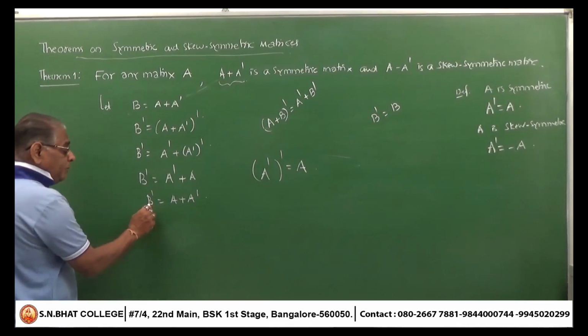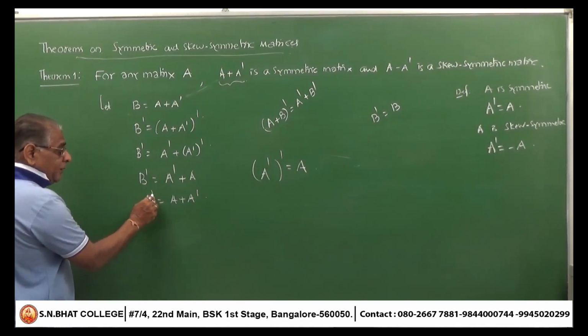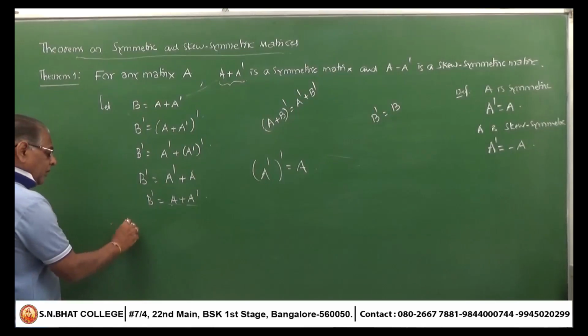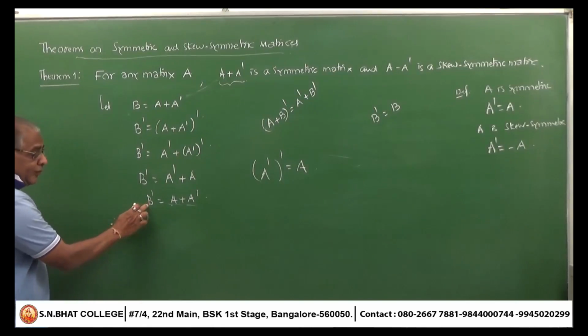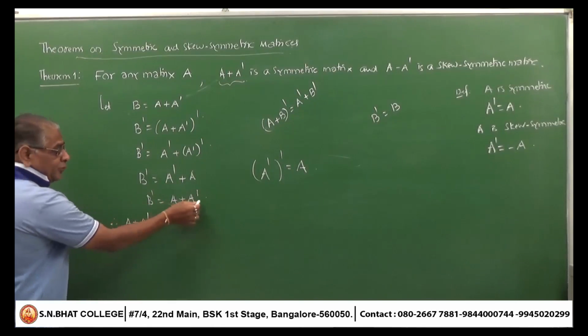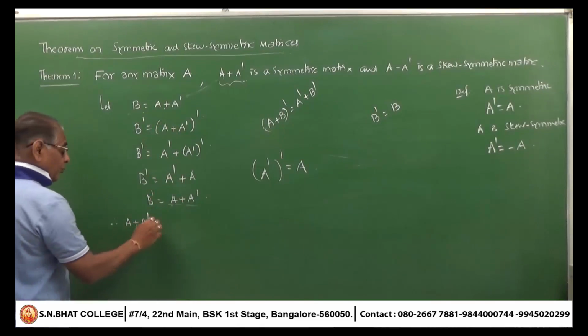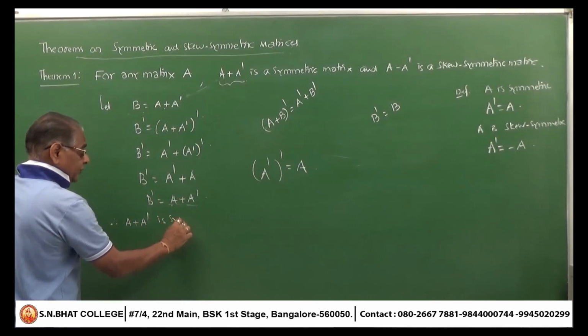Therefore, B transpose is equal to B, so B is said to be symmetric. B is nothing but A plus A transpose. Therefore, A plus A transpose is a symmetric matrix.